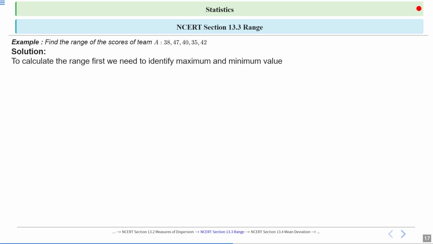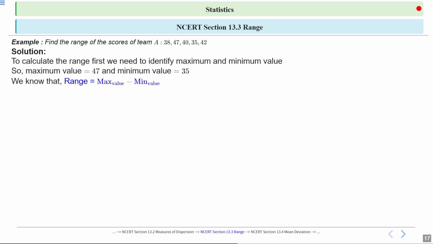To begin calculating the range, we first need to identify the maximum and minimum values in our dataset. In our example, the maximum value is 47 and the minimum value is 35.